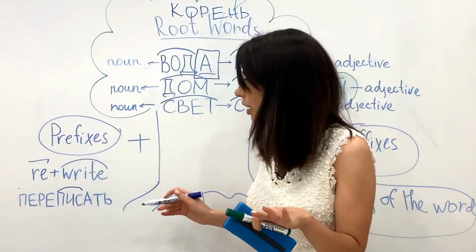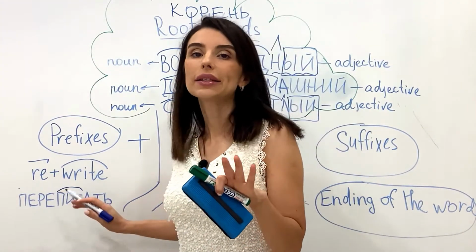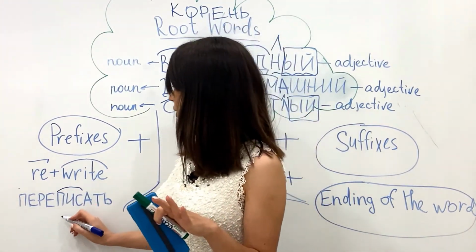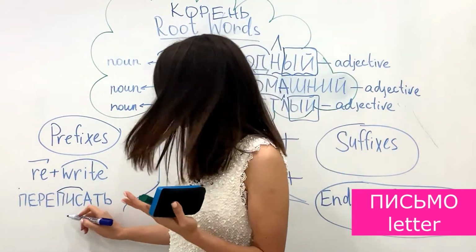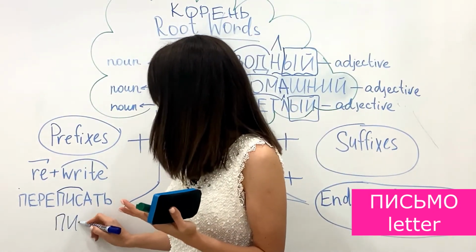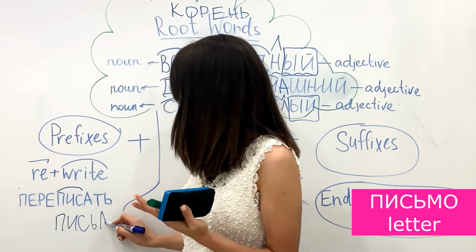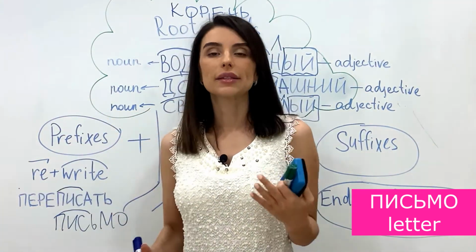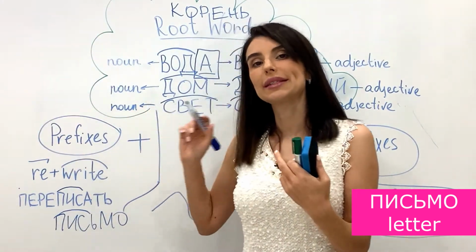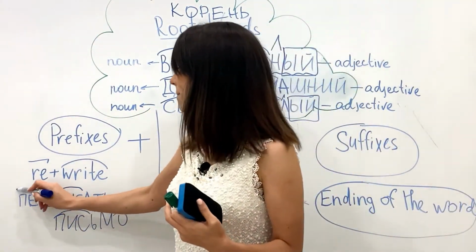Do you understand? So, писать, for example, письмо. Письмо. Again, пис, it's the root of the word, it's the same part.